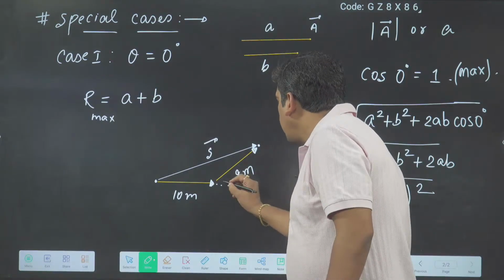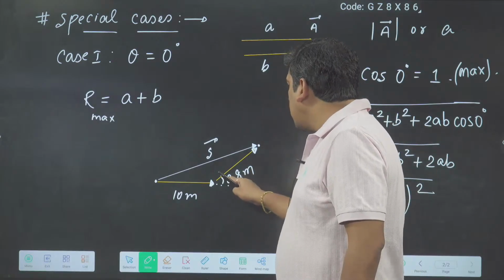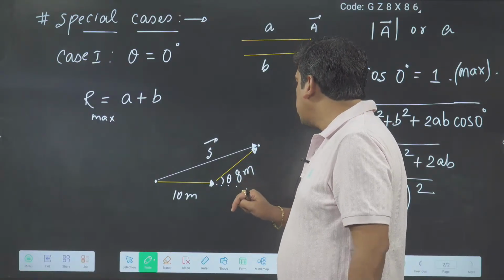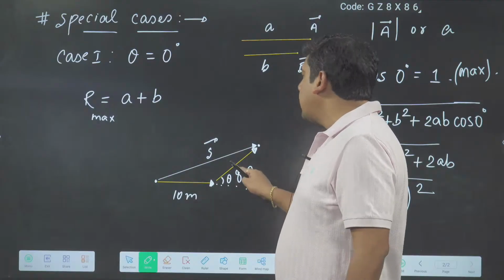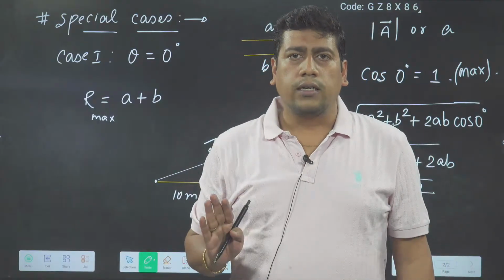Since it is head to tail joined, we take this angle. If you know this angle, then displacement is under root 10 square plus 8 square plus 2 into 10 into 8 into cos theta.